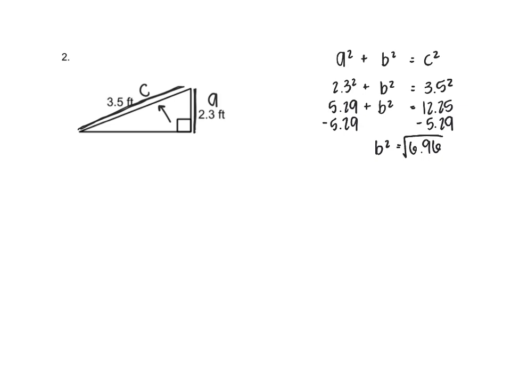We are then going to square root both sides. And when we do that, we get our answer as b equals 2.63818. Again, we're going to round to the nearest tenth, which gives us b is equal to 2 and 6 tenths as our final answer.